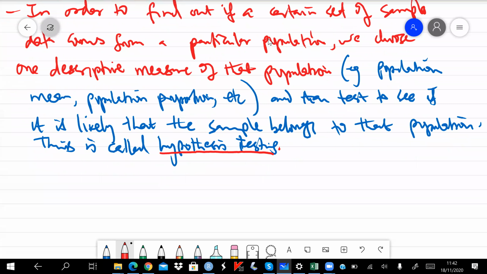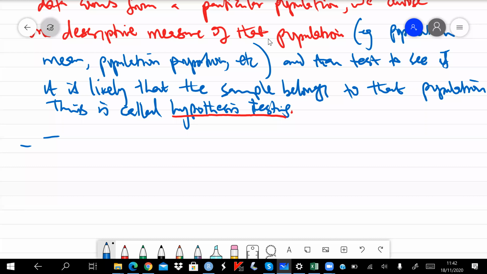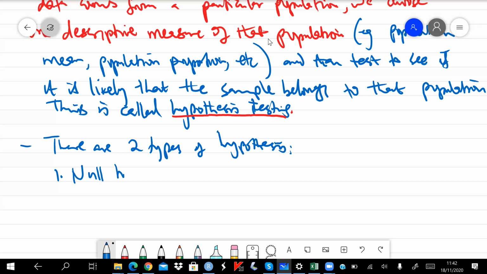Then let's move on by saying that there are two types of hypothesis. Number one, we have what we call the null hypothesis, which is usually denoted by H naught.